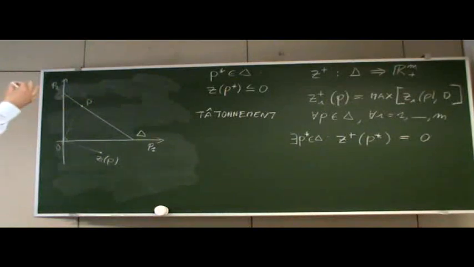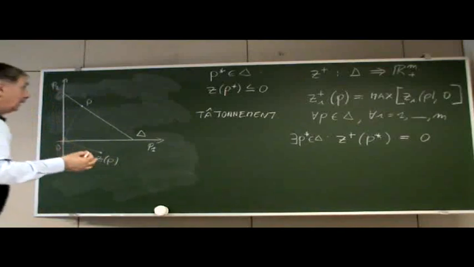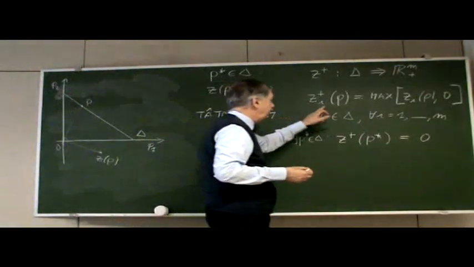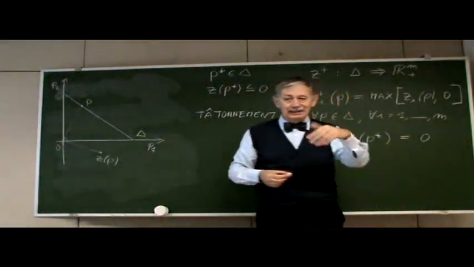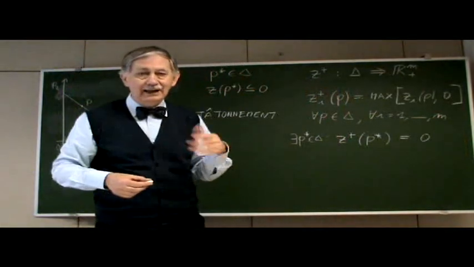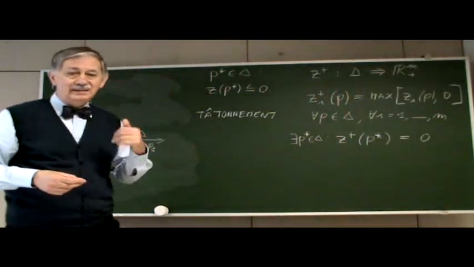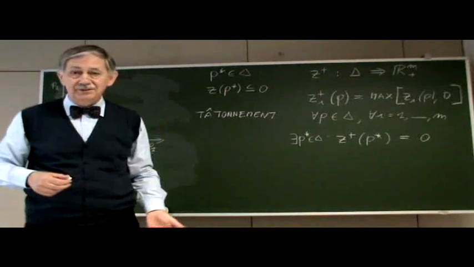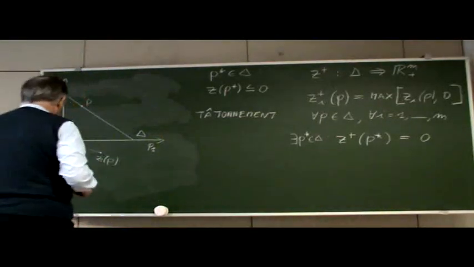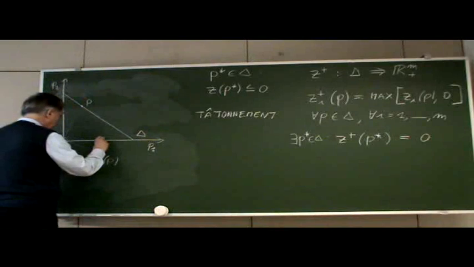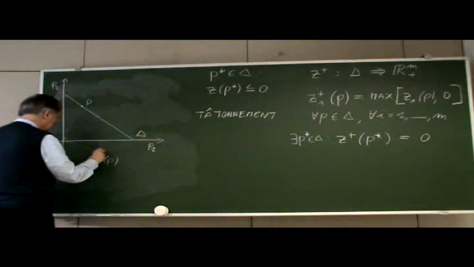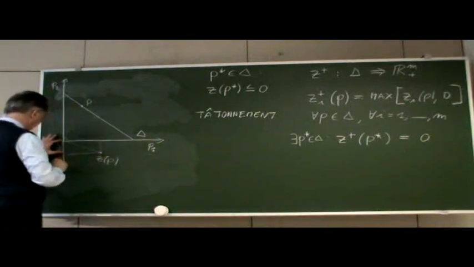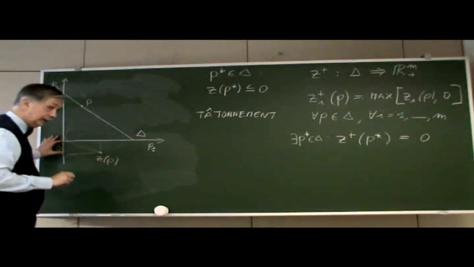Now let us pass to vector Z plus. Vector Z plus is obtained from Z by cancelling every negative excess of demand and substituting them with zeros. In this case, you have a positive excess of demand of good 1 and a negative excess of demand of good 2.